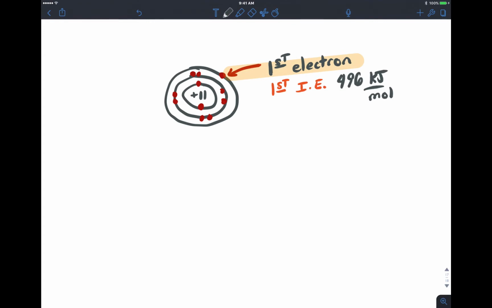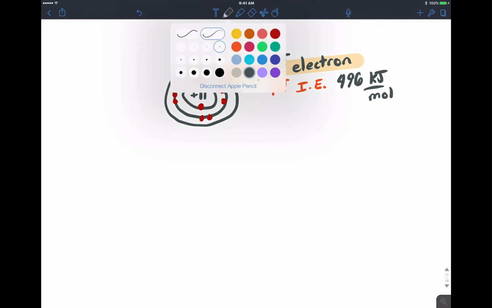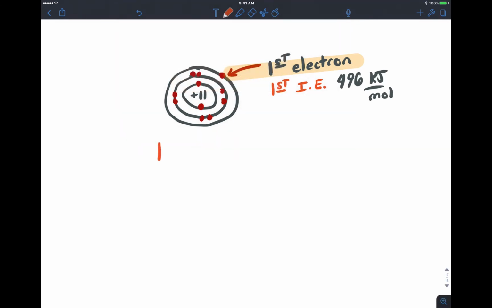Now when that happens, what I'd like to do is just write down what the orbital notation for this would be. And if you recall, when we do these, you'd have the 3s1.